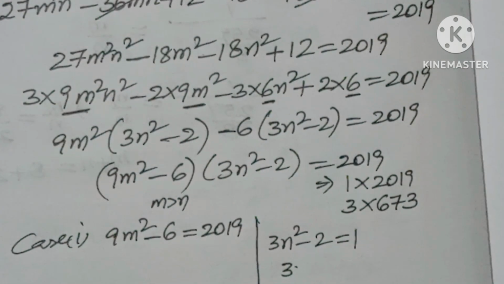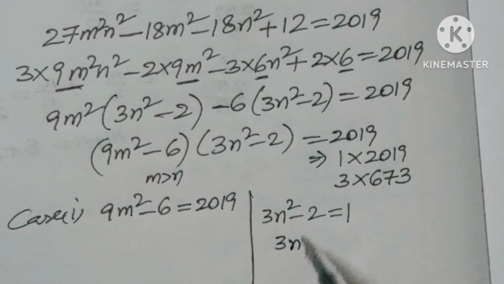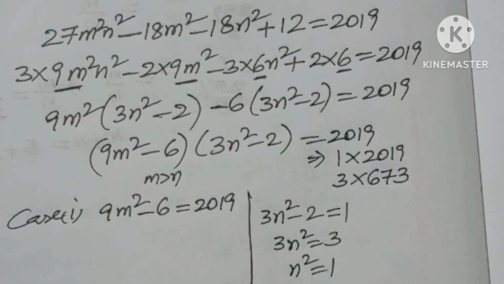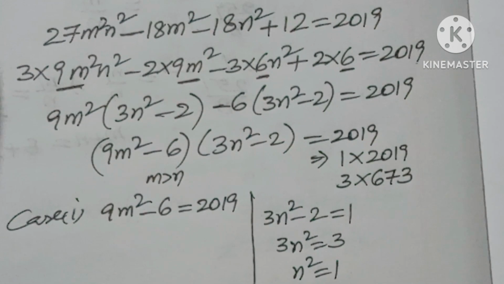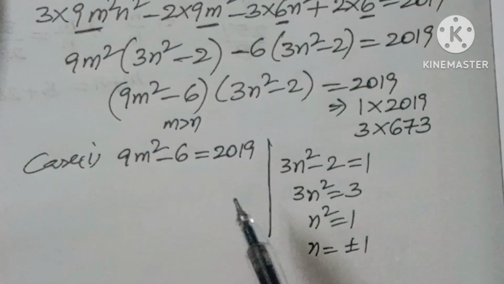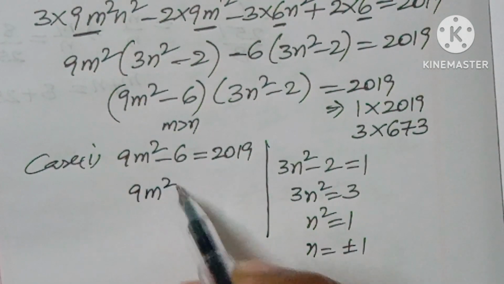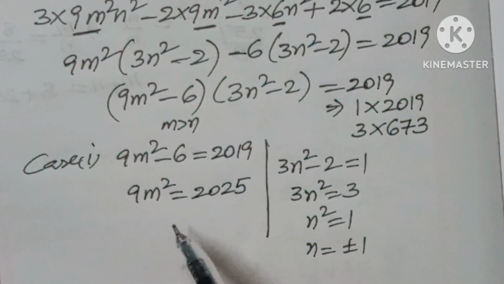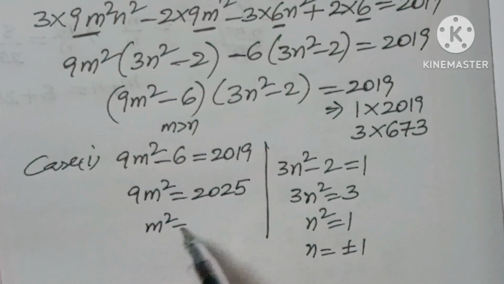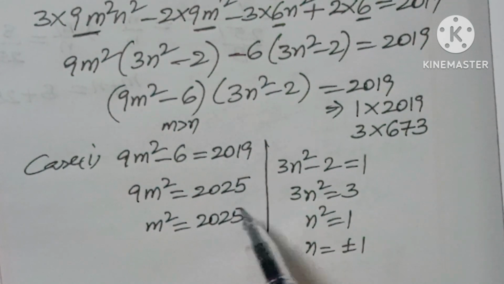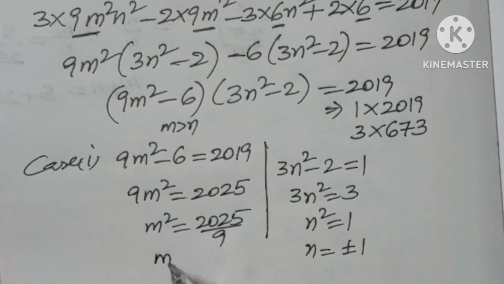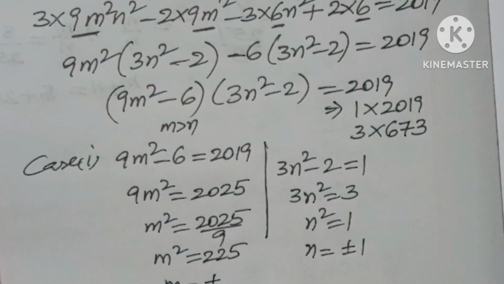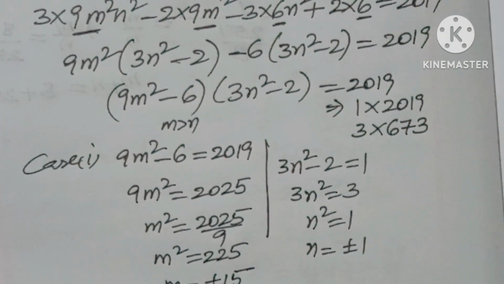So 3n squared is equal to 3, n squared is equal to 1, n is equal to plus or minus 1. Now here you'll get 9m squared is equal to 2025. m squared is equal to 2025 by 9, m squared equal to 225, m is equal to plus or minus 15.